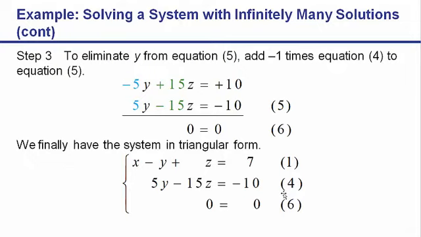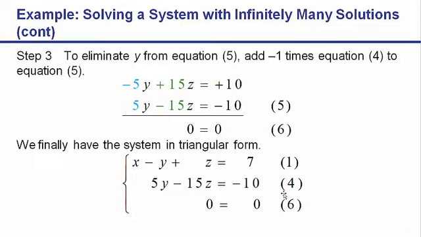The only reason why you want to continue on here and put it in triangular form is when you have infinitely many solutions, they will oftentimes want you to actually list what your solutions are. And since your solutions aren't going to be numbers, you have to list them in terms of the variables. So by putting it in a triangular form, it allows you to now solve, back substitute and figure out what everything is.